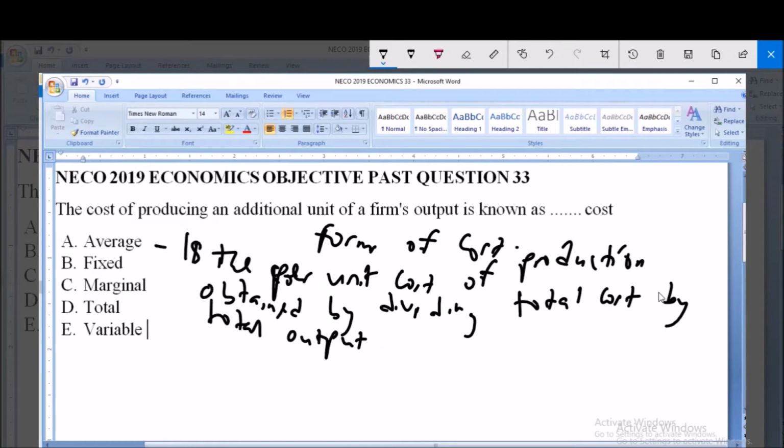Total cost is usually denoted by TC and total output is usually denoted by Q, as it represents also the total quantity of output.